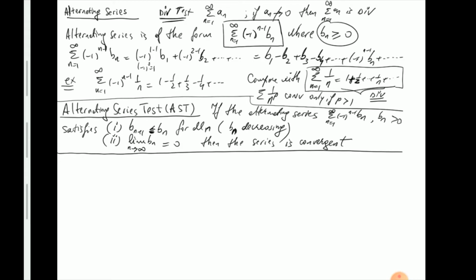Let me illustrate, before I show you with a couple of examples how you check this hypothesis, a little bit why this is actually true. I mean, why you need these two conditions for convergence.